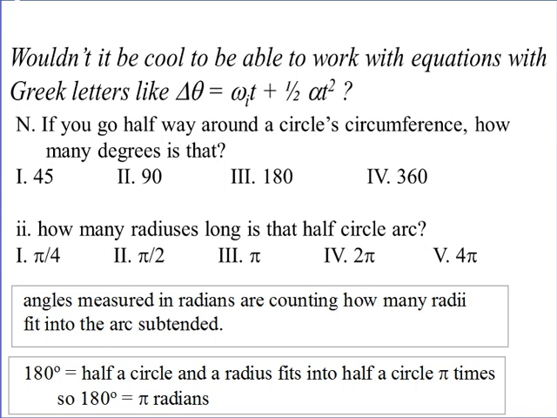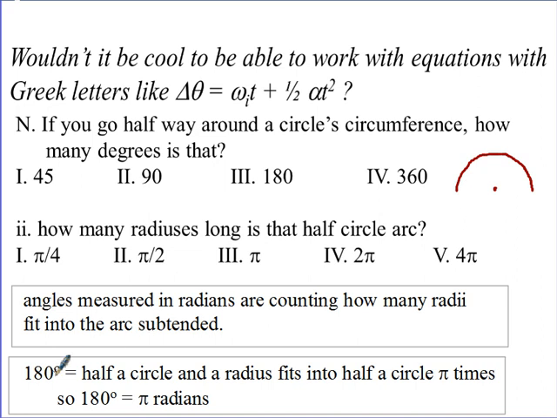So we had this half circle, there's its center, and if you take this radius and lay it out on here, it goes a little bit more than 3 times into that. And so we say 3.14 radiuses are how long that arc is, and that's what we're going to say the angle is.